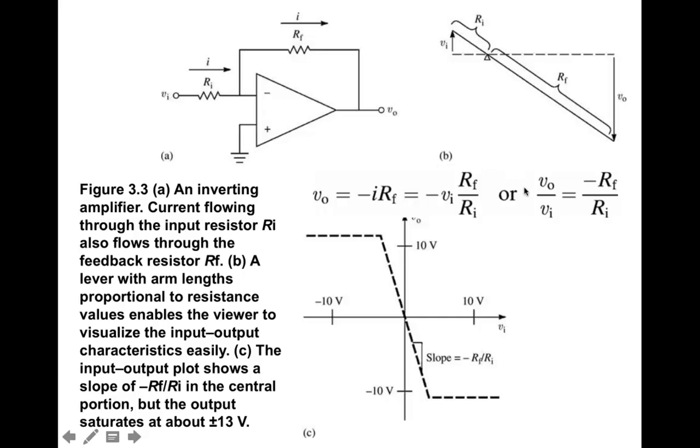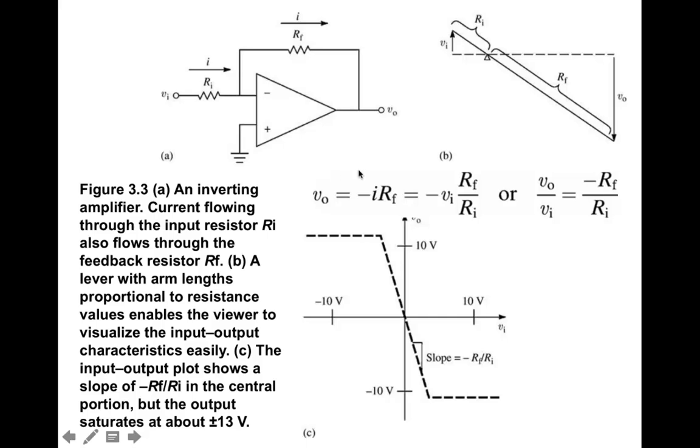The ratio of the output voltage to the input voltage is negative the feedback resistor over the input resistor. So if you set this ratio of feedback to input resistor to be 500, then basically this circuit will take your input voltage, multiply it by 500, and make it negative. The reason it's negative is it comes to the inverting input.